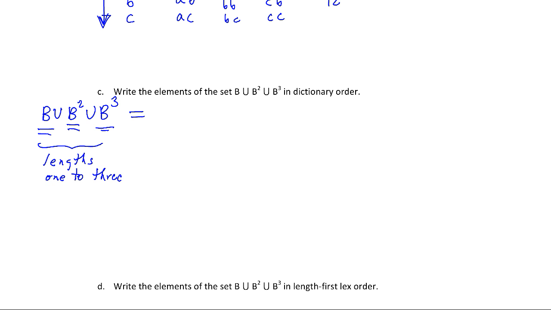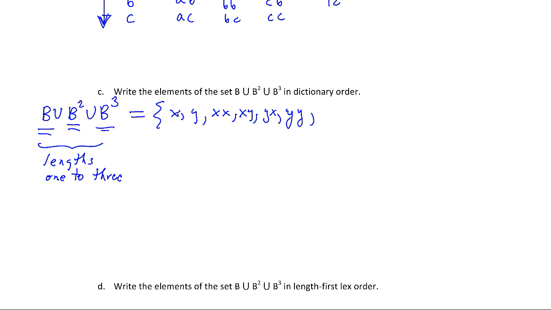Okay, and so if I write out the elements of the set, I get X and Y, XX, XY, YX, YY. And now I've got B cubed.